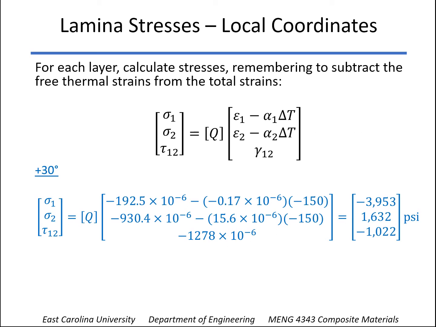Now I should point out these stresses are not insignificant, especially when you look at sigma 2, and remember that the strength in that direction is only about 7,000 psi. So before we've even put any load on it, we've got it stressed to a level of 1,600 psi, and of course if we add loads to it, that's just going to add to that stress.